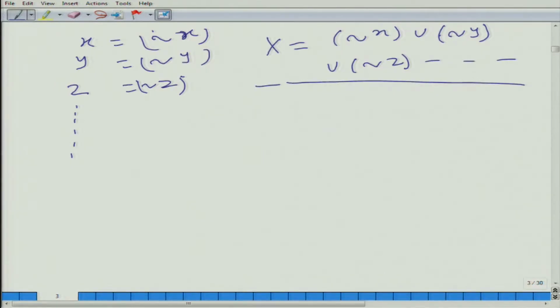Let us go back to the example that I gave you earlier. I talked about a preference of a person who had some different sort of preference.